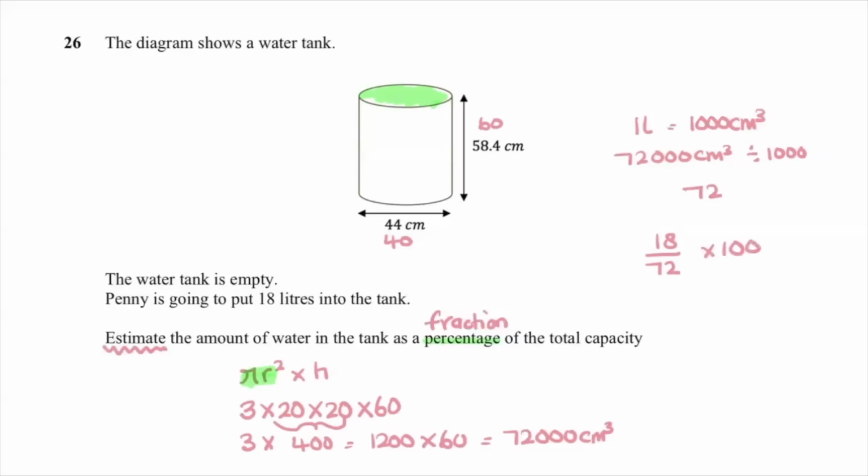However, I feel this particular question might be easier if I do a little bit of cancelling first. If I half them, I'll end up with 9 over 36. And now I recognise that 9 and 36 are both in the 9 times table. So if I divide through by 9, I will get 1 over 4. A quarter is 25%.